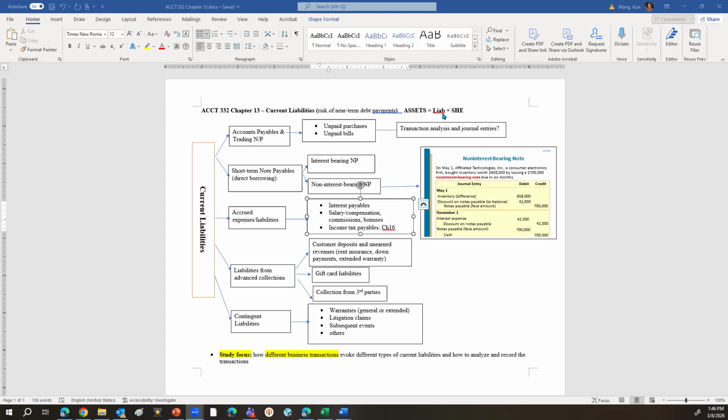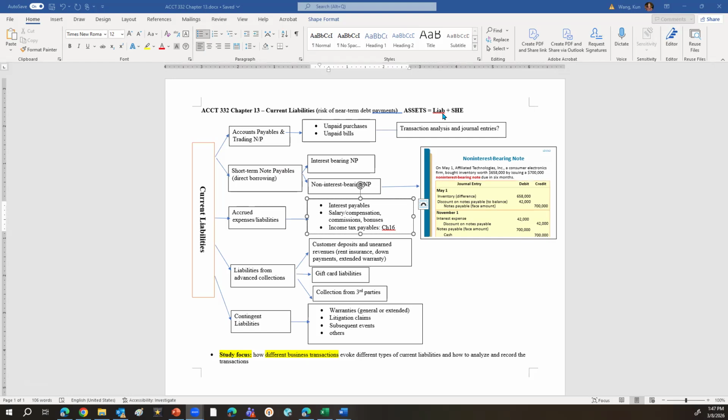For liabilities, we break them down into current and non-current depending on the payment period. This is the same period classification as current assets and non-current assets. If a liability needs a payment within one calendar year or one operational cycle, which one is longer?